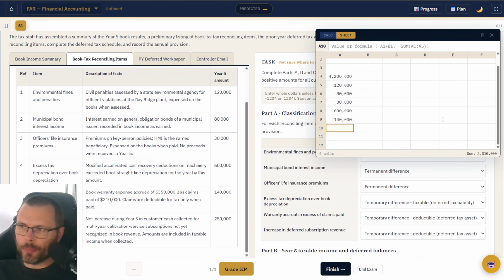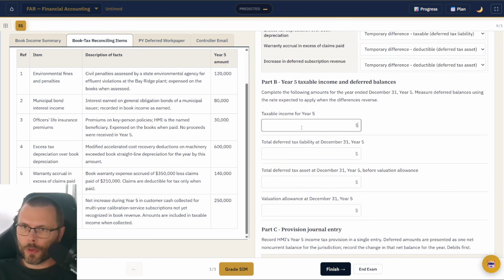It's not yet booked as revenue. However, the IRS taxes it now. The books haven't earned it yet. You need to add it back. 250. And the sum of everything should be the answer: 4,060,000. That's your taxable income for year 5.